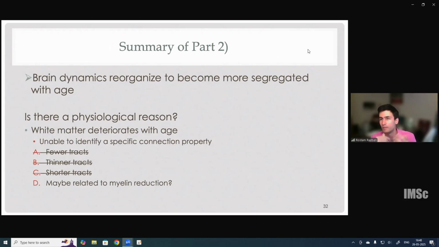So we're thinking maybe this is becoming deteriorated, and this is what's causing brains to look more and more random as we age, because the myelin is not at the level where it should be. Maybe the signaling is slowed down and becoming a little bit more asynchronous, but we don't have at this point any experimental data to back that up. It's just a very interesting hypothesis we're considering now.